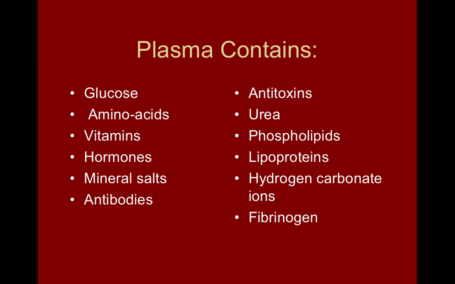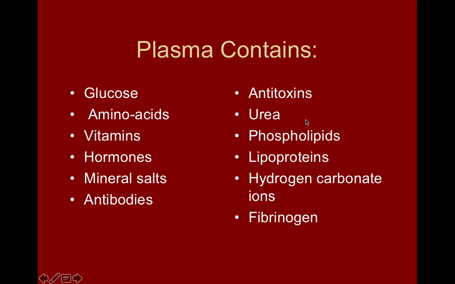So plasma has glucose, which your body uses for energy, amino acids to make proteins, vitamins, which are generally speaking cofactors in reactions, hormones, mineral salts, antibodies, which are part of your immune system, antitoxins, particularly if you've been exposed to something that you have overcome. Antitoxin is the same thing as an antibody, but just for a different type of ailment, something that you've consumed that is toxic to you.